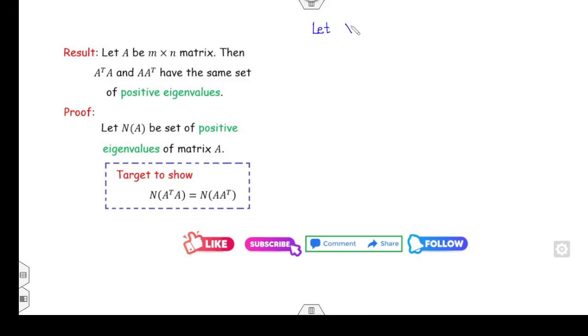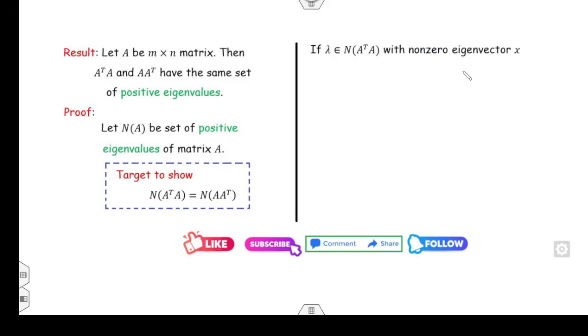So let's start with the first value. Let x be an eigenvector of A transpose into A with eigenvalue lambda. Or you can say let lambda belong to N(A transpose A).